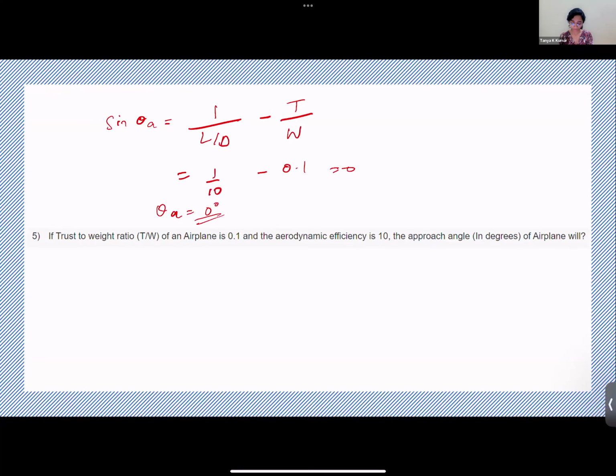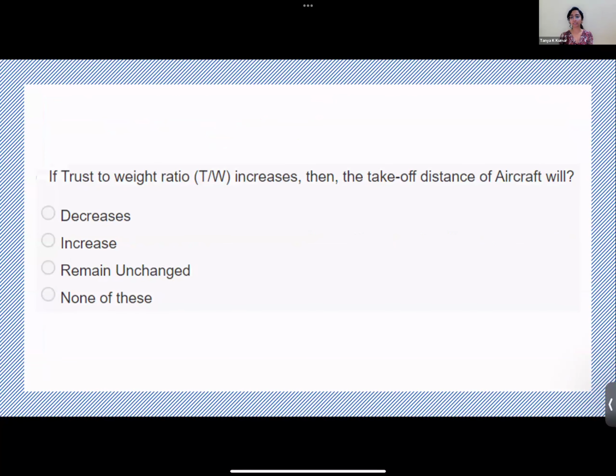Okay, okay. Now let's look at some of the questions that will help you solve the next assignment. If thrust to weight ratio increases, then takeoff distance of aircraft will. What was the equation? Do you remember the equation? If not, do you remember how to derive it? Just take a moment and tell me.